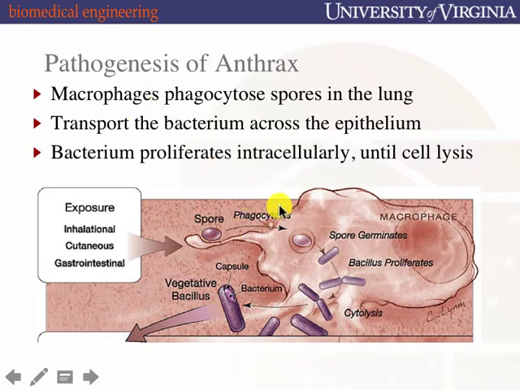Macrophages will phagocytose that spore, and then the spore is going to come out of that dormant phase and begin to germinate, to proliferate, and then exhibit cytolysis, which is essentially that the bugs divide until the cell literally just pops. And so that's why you get that necrotic core, that nasty looking black blister that I showed in the beginning of the lecture.